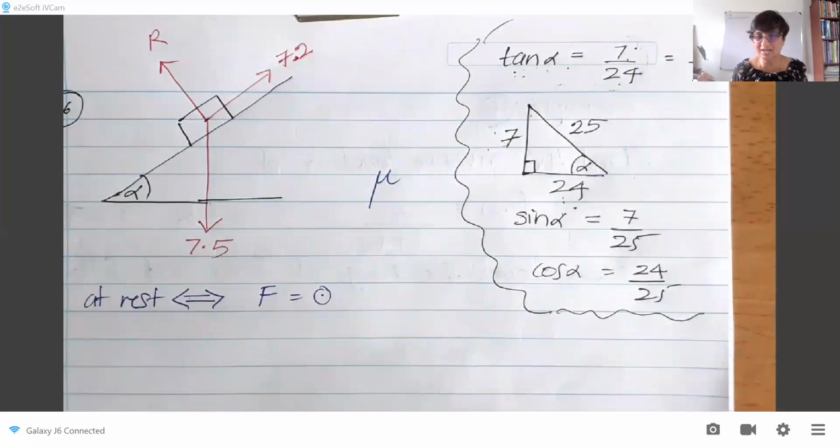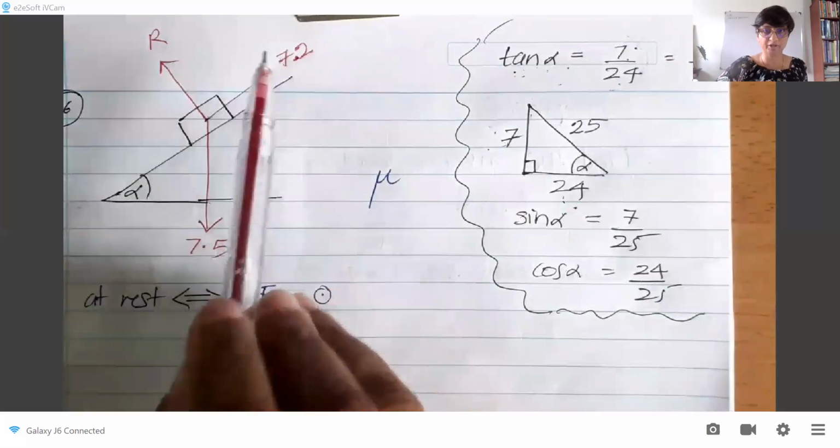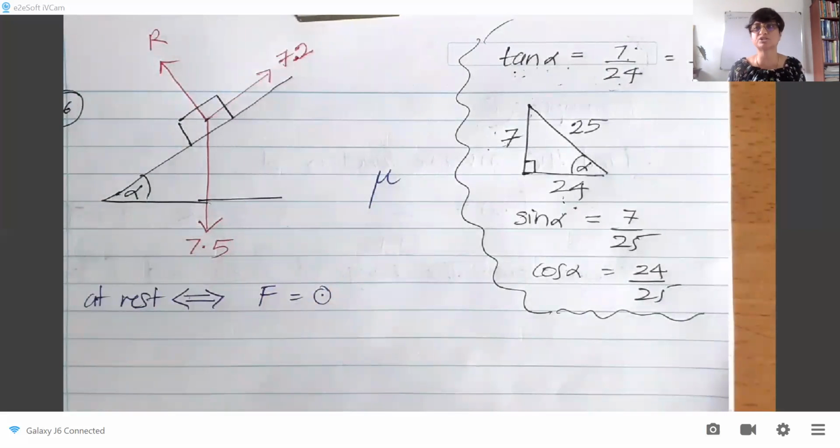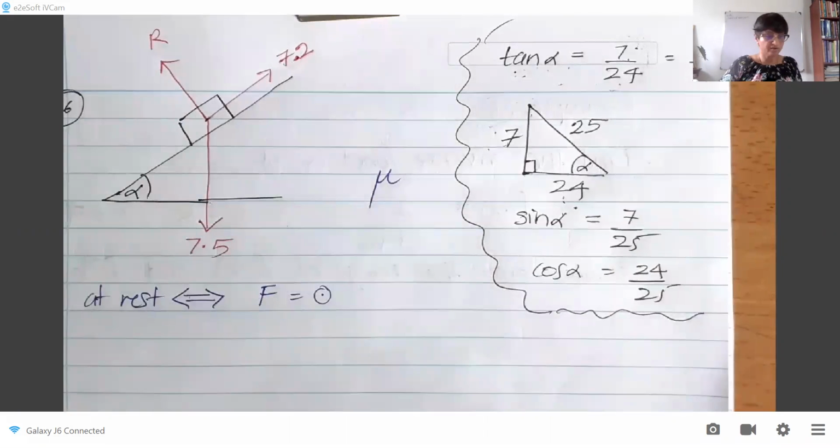How do we know all this now? Tell me. Without the 7.2, remember, friction acts to stop the object from moving. Friction tries to stop the motion. So without the 7.2, when you keep something on a slope, it tries to slide down. So friction will act upwards.